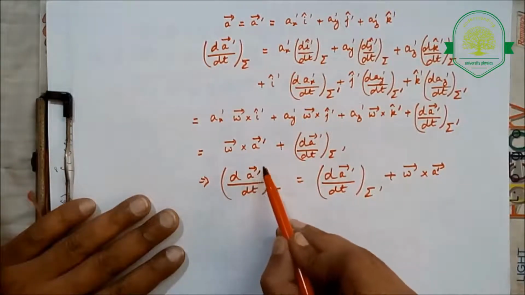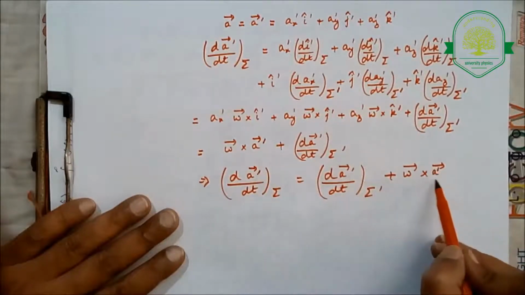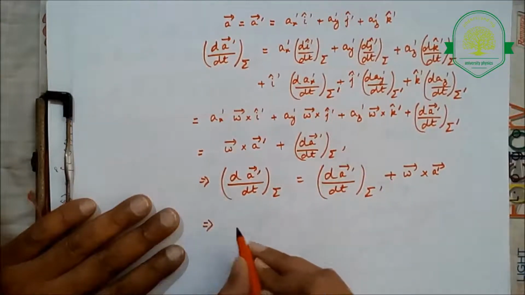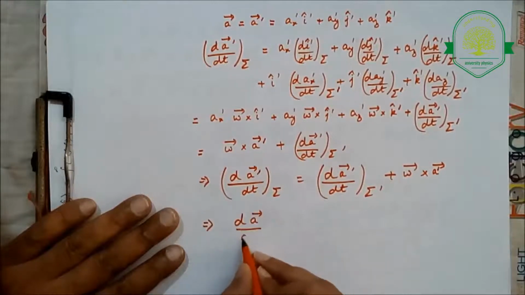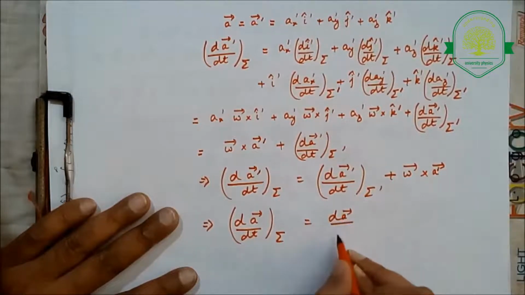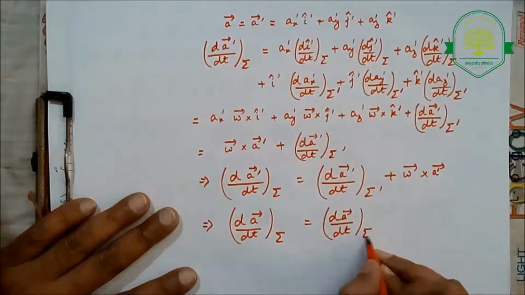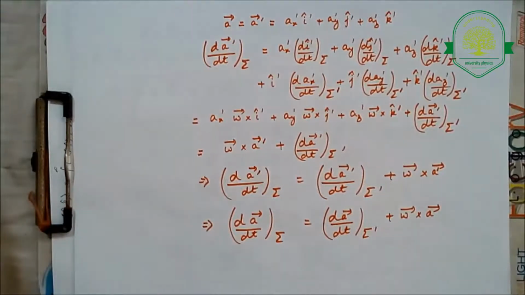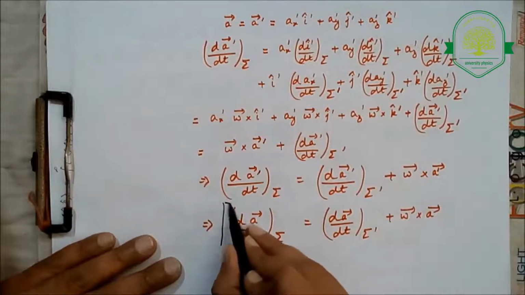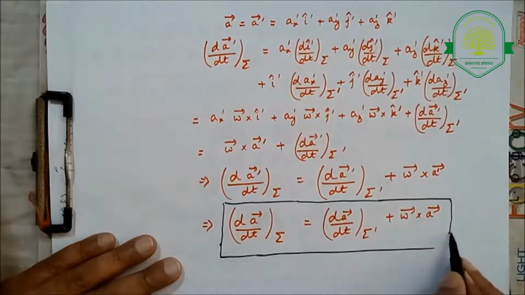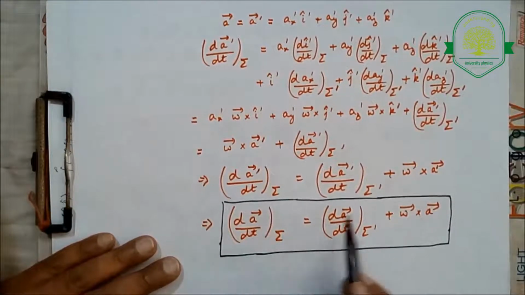Therefore I can easily substitute A vector in place of A primed vector, because only my representation has changed. So this just becomes dA over dt as seen from sigma frame of reference equals dA over dt as seen from sigma primed frame of reference plus omega cross A. So here is my equation, which says that this equation is not only true for position vectors, it is true for any vector.